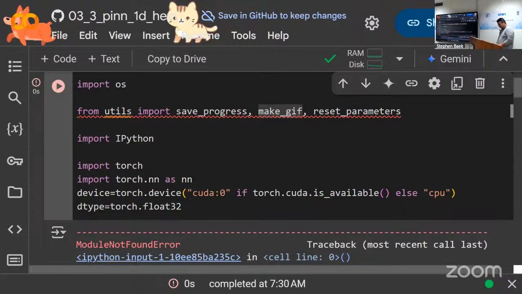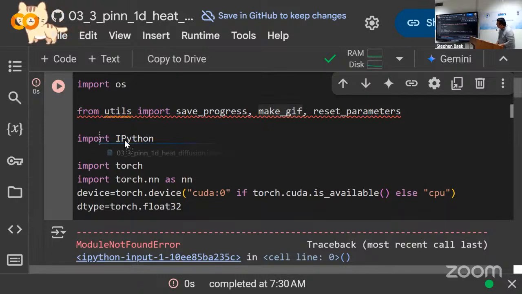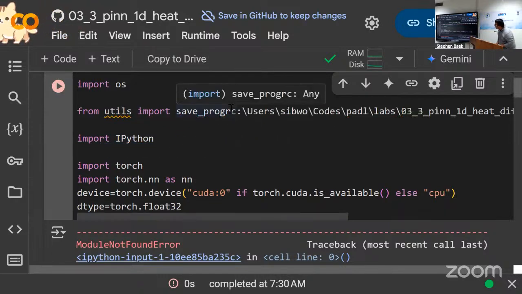Except that the Colab version has a bug, I just figured. So for now, let me just use my local version.